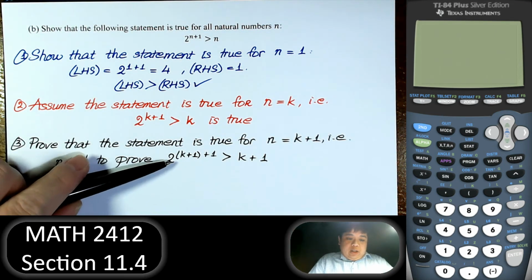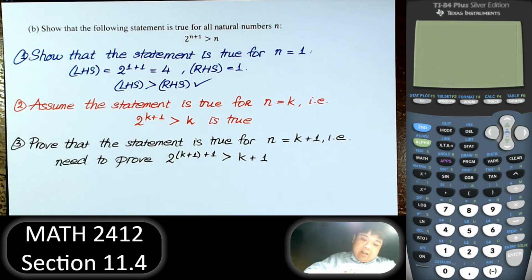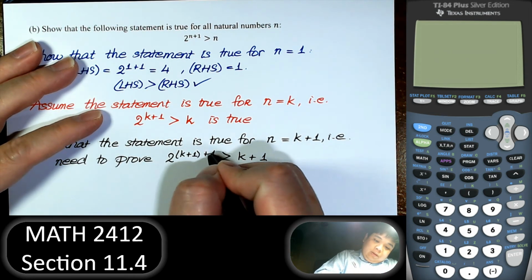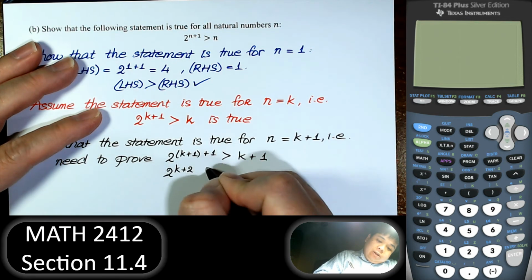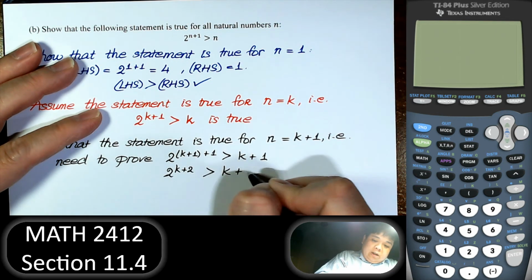By the way, that is 2 to the k plus 2, right? This is 2 to the k plus 2 greater than k plus 1.